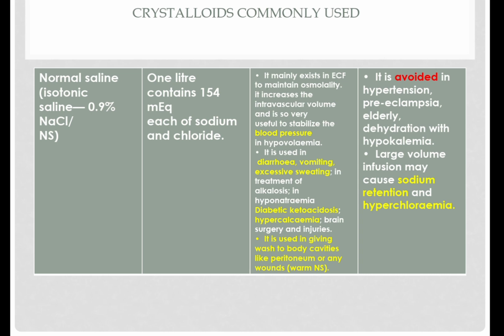Avoidance of normal saline is in hypertension. If the patient is hypertensive, don't use normal saline. Also avoid it in preeclampsia in gynae patients, elderly patients, and dehydration with hypokalemia. A large volume infusion may cause sodium retention and hyperchloremia.